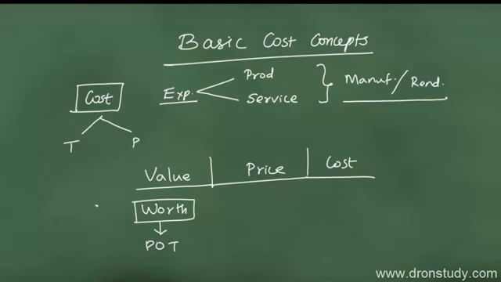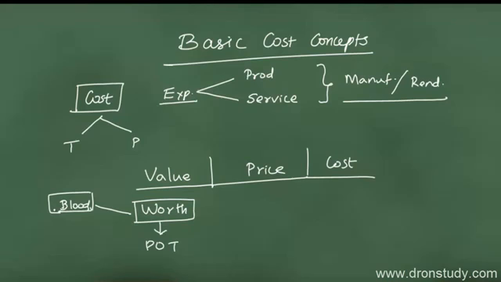Say for example, you are urgently in need of blood for some surgery, and that blood is not available anywhere in the market, then you would be willing to pay any price to the person who gets you that blood. So at that point, the worth which you attach to that particular element is very high, but it can undergo a change when you don't have requirement for that.